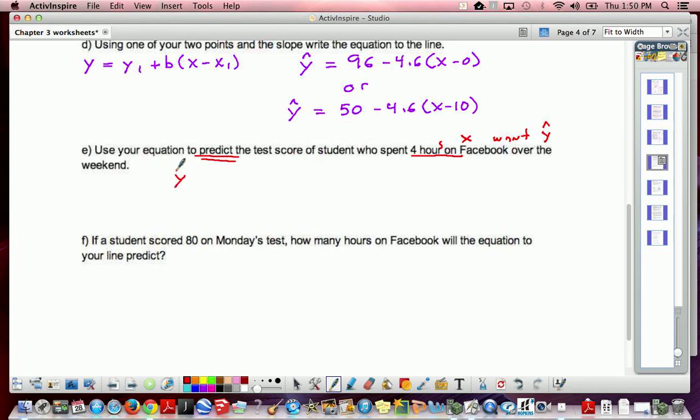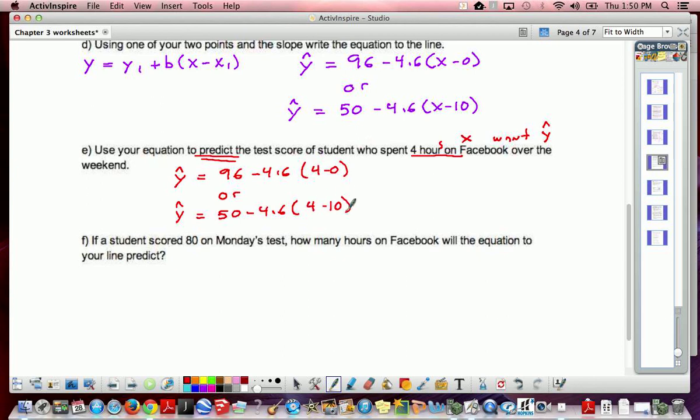So, if I plug it in the first equation, y hat would equal 96 minus 4.6 times 4 minus 0. Or you could have done it in the second equation and gone 50 minus 4.6 times 4 minus 10.